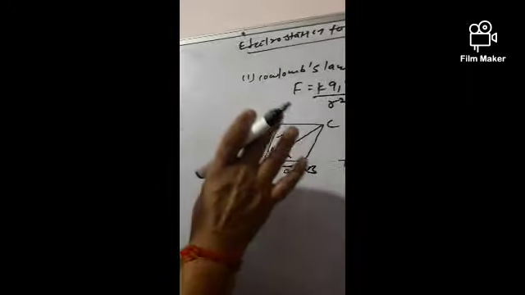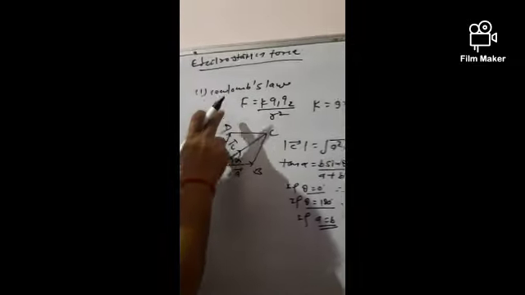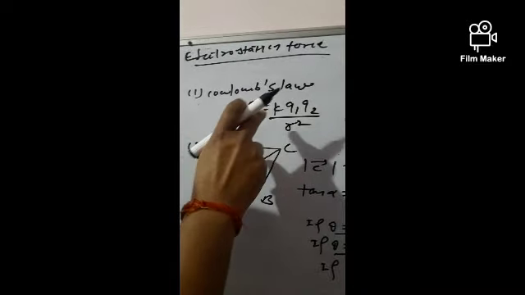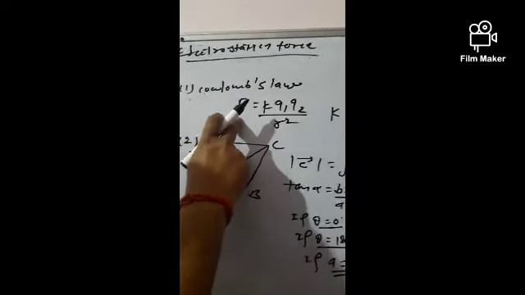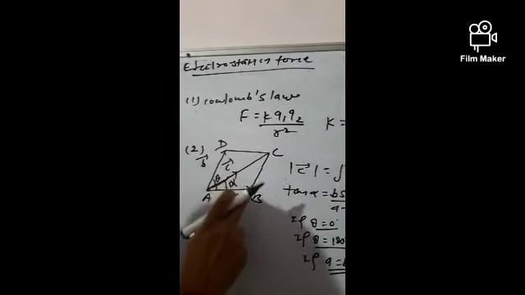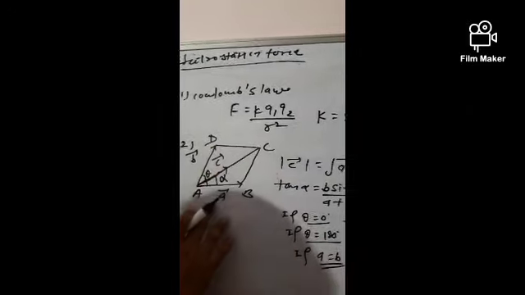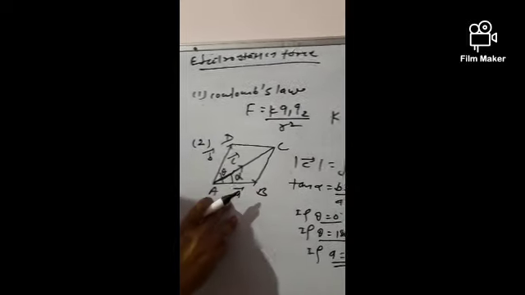So, to solve numerical problems based on electrostatic force, first we will find individual force with the help of Coulomb's law, and then their resultant will be calculated by parallelogram law.